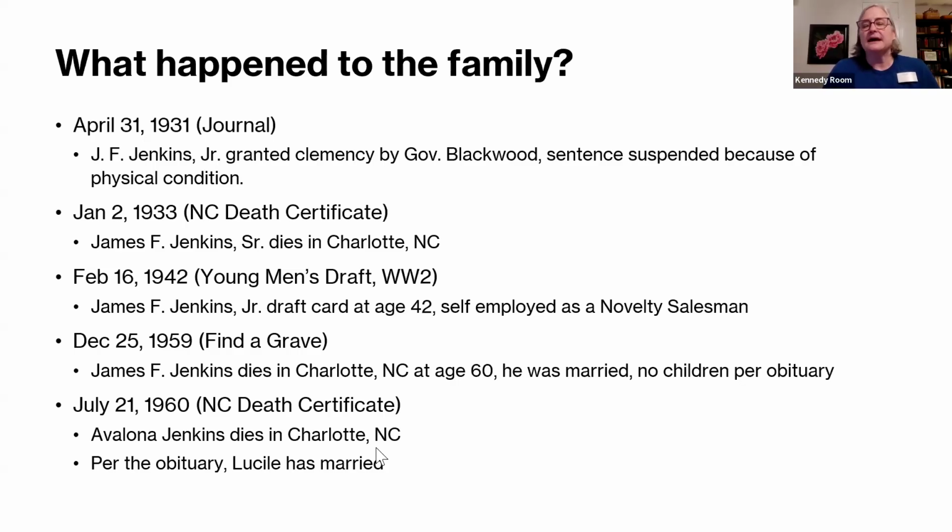He was married and had no children per the obituary. July 21, 1960, you find a North Carolina death certificate as well as an obituary for Avalona Jenkins dying in Charlotte. She never remarried, and Lucille has married by that time.